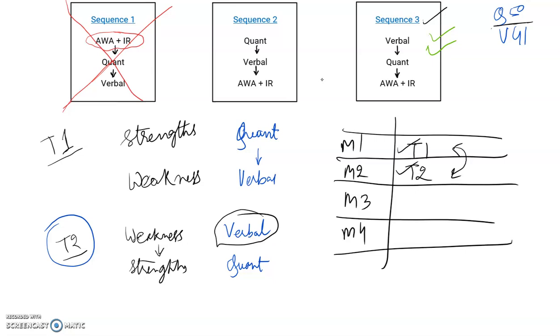If you find that it is actually T2 that works best for you, take another mock with it and see whether you're getting the same results, whether you still feel that T2, which is starting with your weaknesses, is better for you. Then continue doing it in the next mock as well.